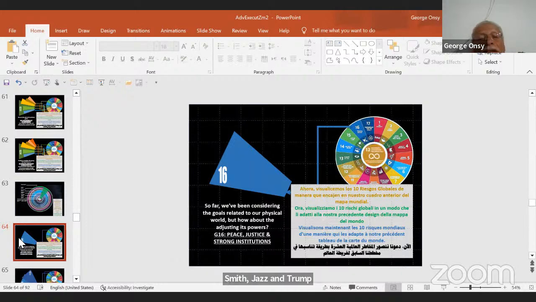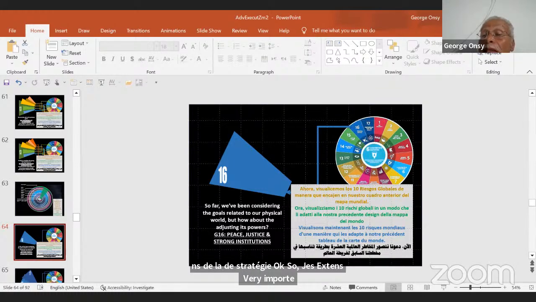This is the invisible structure, but it is a moral structure, the philosophical, conceptual structure behind our real world, which governs our real world. Otherwise, it will be self-destructive and will be destroyed. And we are facing this fate, unfortunately. So G16 is very important: peace, justice, and strong institutions.